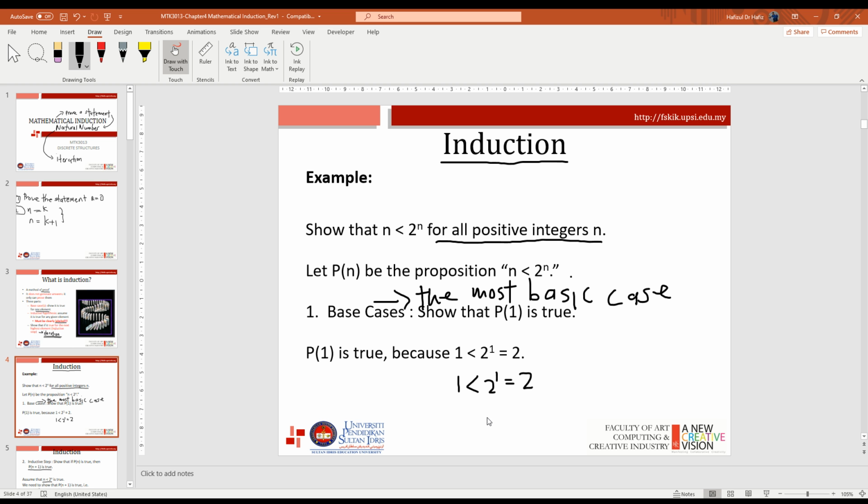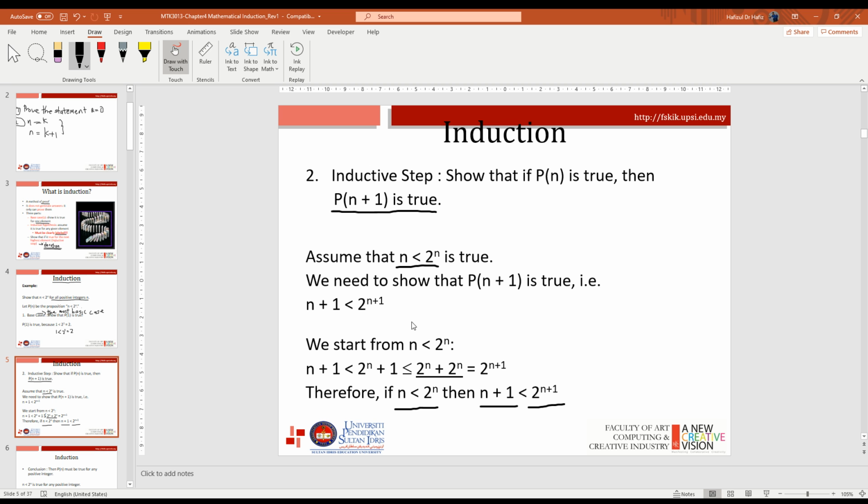It is true. And then the inductive step, show that if P(n) is true, then P(n+1) is true. We assume that n is less than 2^n is true.